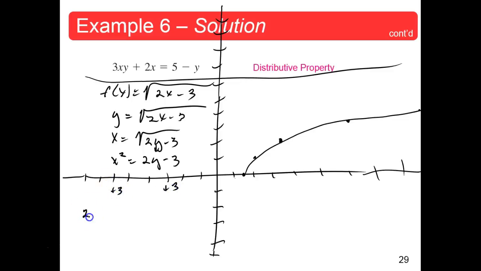So that gives us 2y is equal to x squared plus 3. Right? And now what? Divide by 2. Okay, that gives it to us. Okay, and what is this y? I know it's x squared plus 3 over 2, but what does that y represent now? We're almost there.